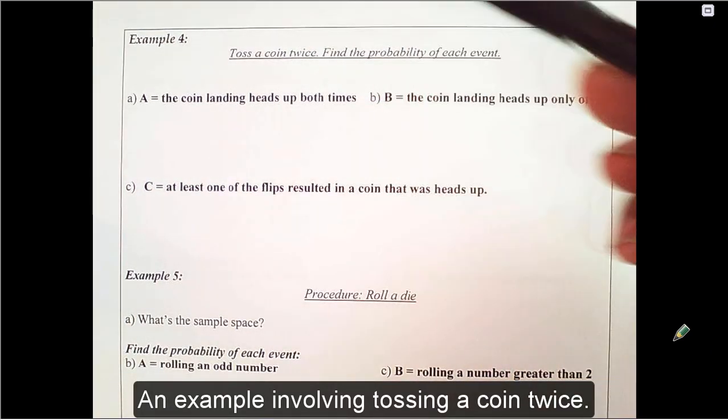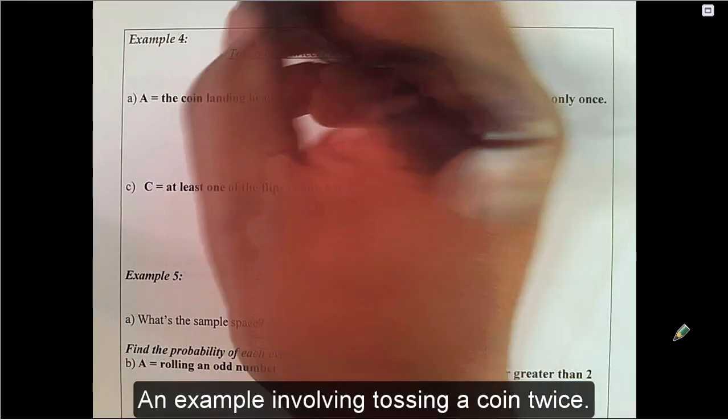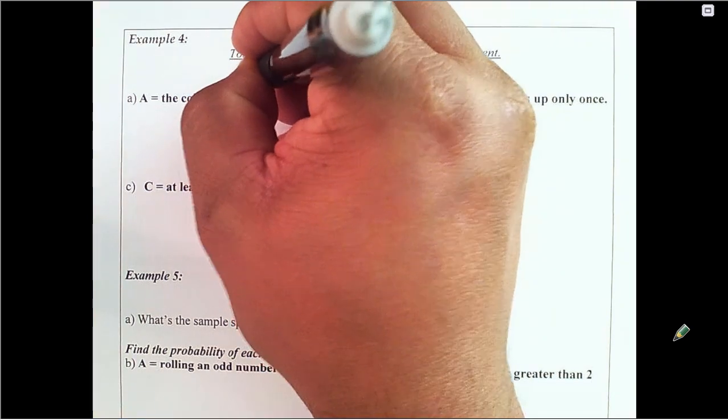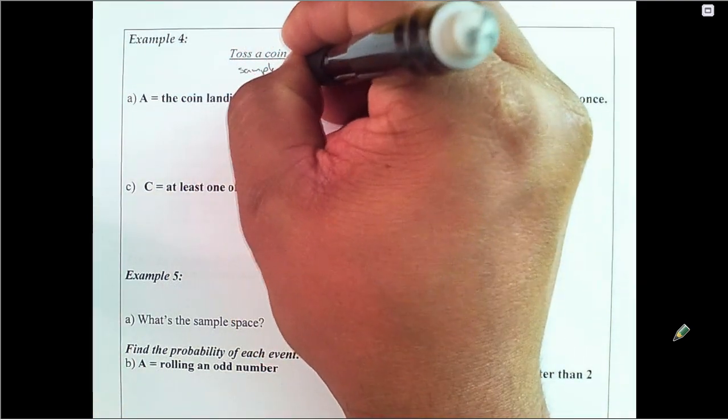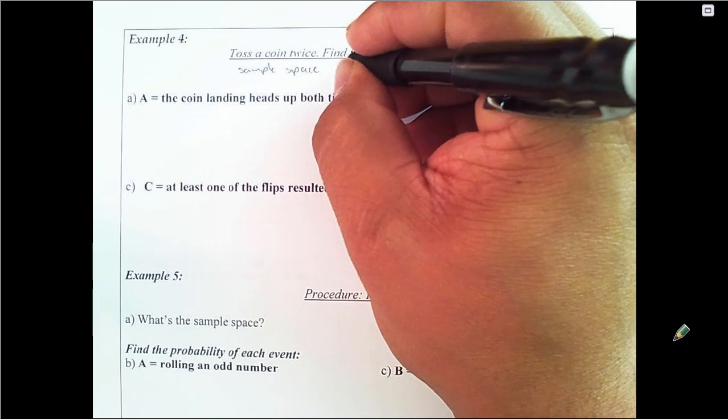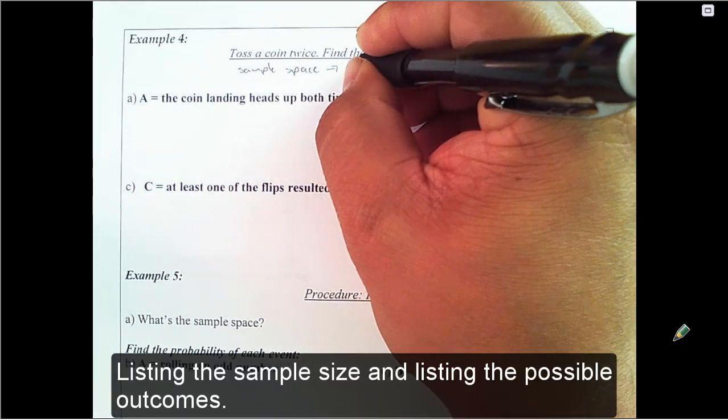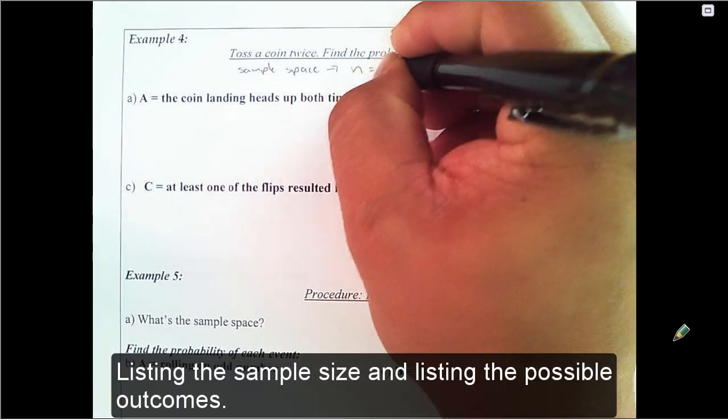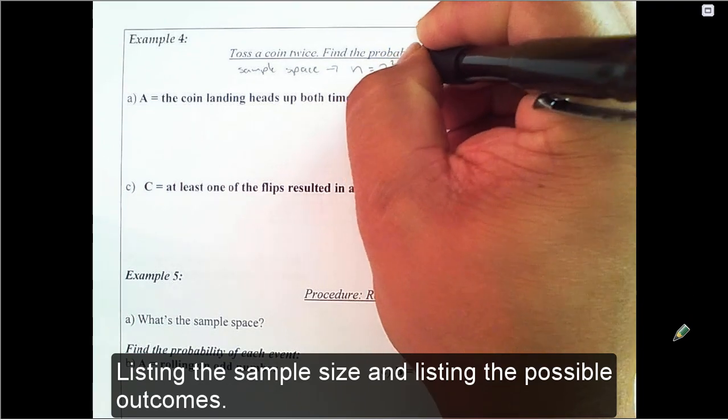An example involving tossing a coin twice. Listing the sample size and listing the possible outcomes.